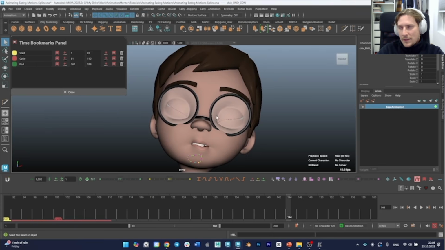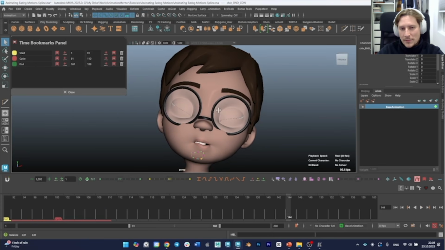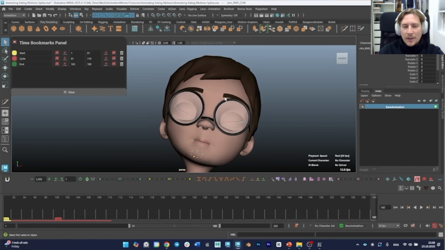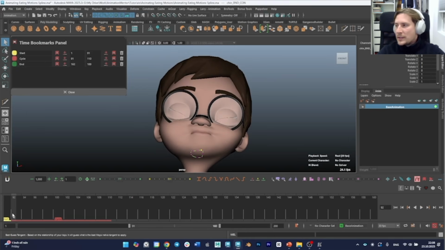I didn't fix the glasses, they should go up and down as well, but I didn't do it, because it is spline, not a polished stage. And also our eyebrows are kind of reacting, because when we chew, our brows kind of squish when we're getting this tension inside our mouth, so they are lowering down and raising up over and over again during the chewing animation.